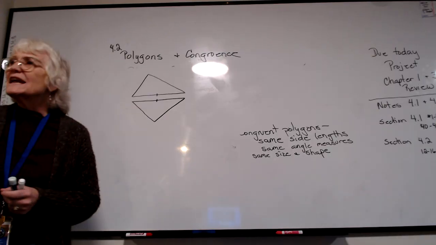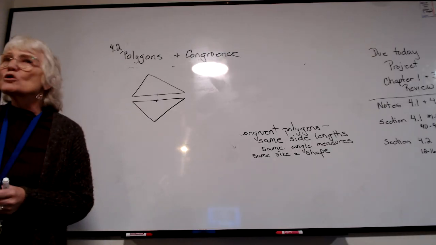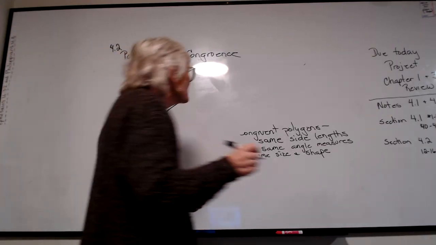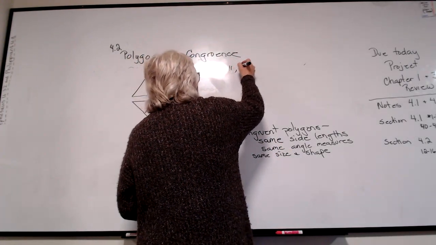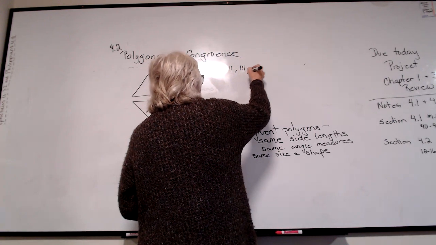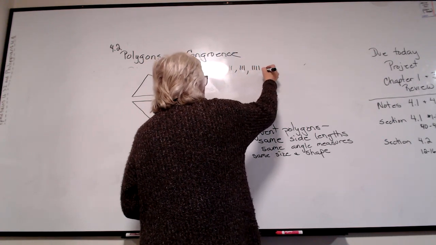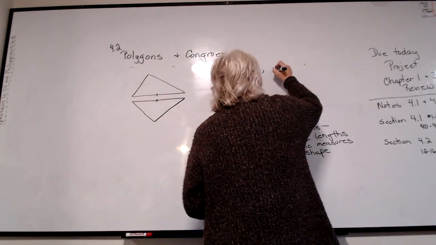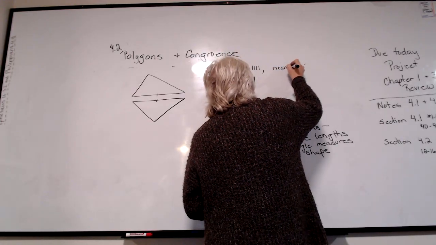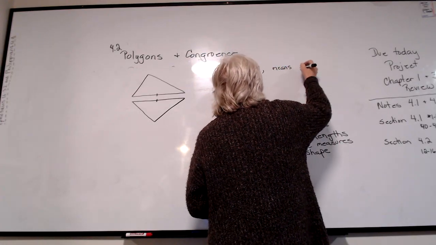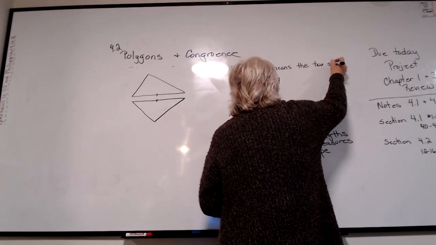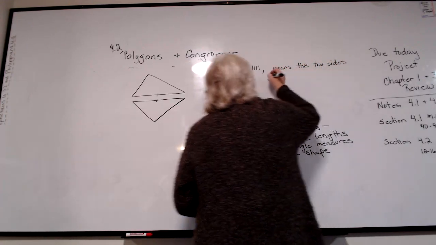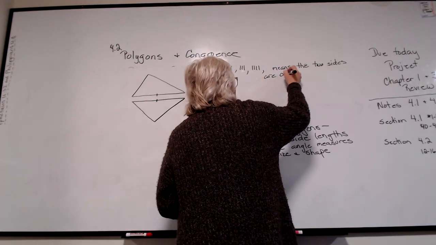So when we're marking same sizes or congruency of sides, a dash, 2 dashes, or 3 dashes, you can actually go to 4 dashes if you want, so if it's on both, it means the two sides are congruent.